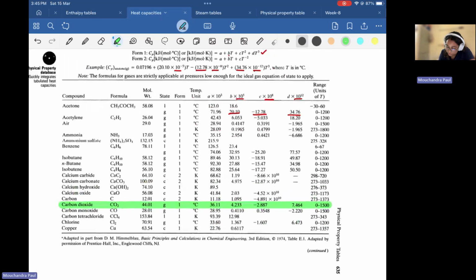So for CO2, values are in degrees Celsius. So let's write it like we did in one of the previous problems.